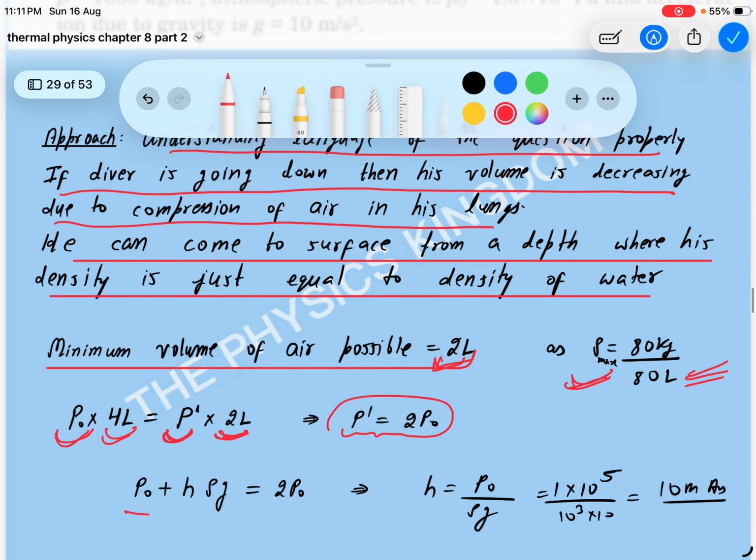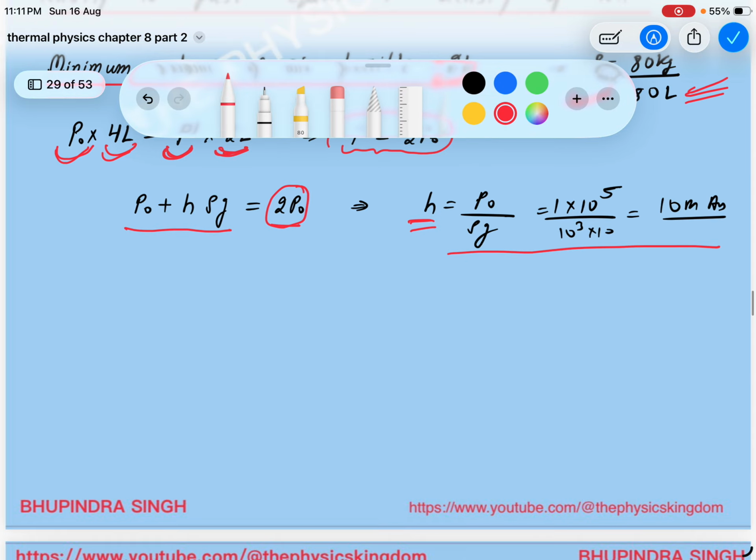So P naught plus H rho g is 2 P naught. So he can go only up to the depth where pressure becomes 2 P naught. After that, what will happen? Volume of air will decrease more, buoyant force will be lesser than weight, right? So on solving H, I am getting 10 meter, right?